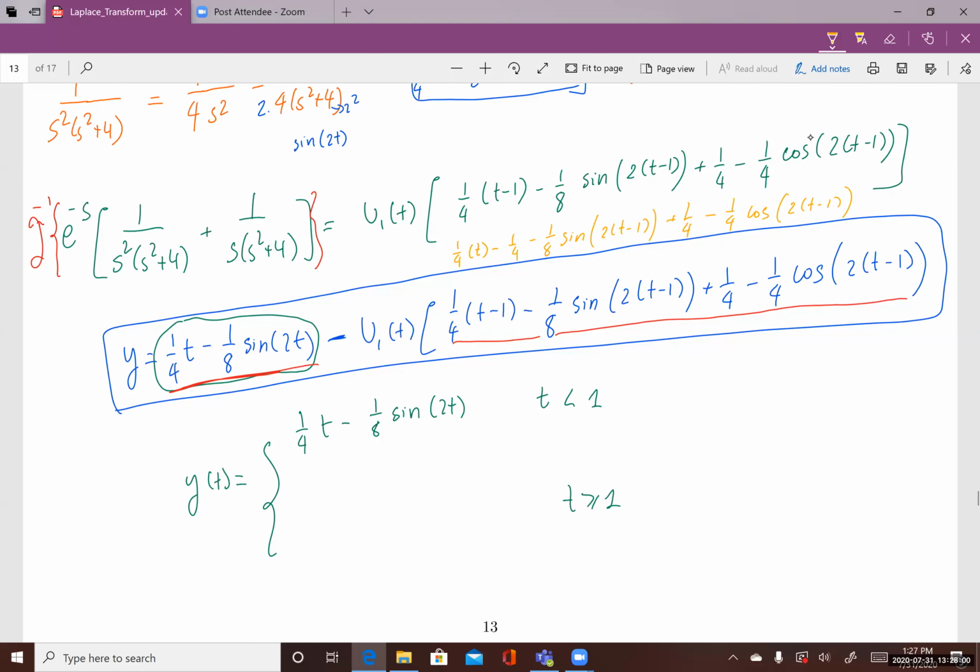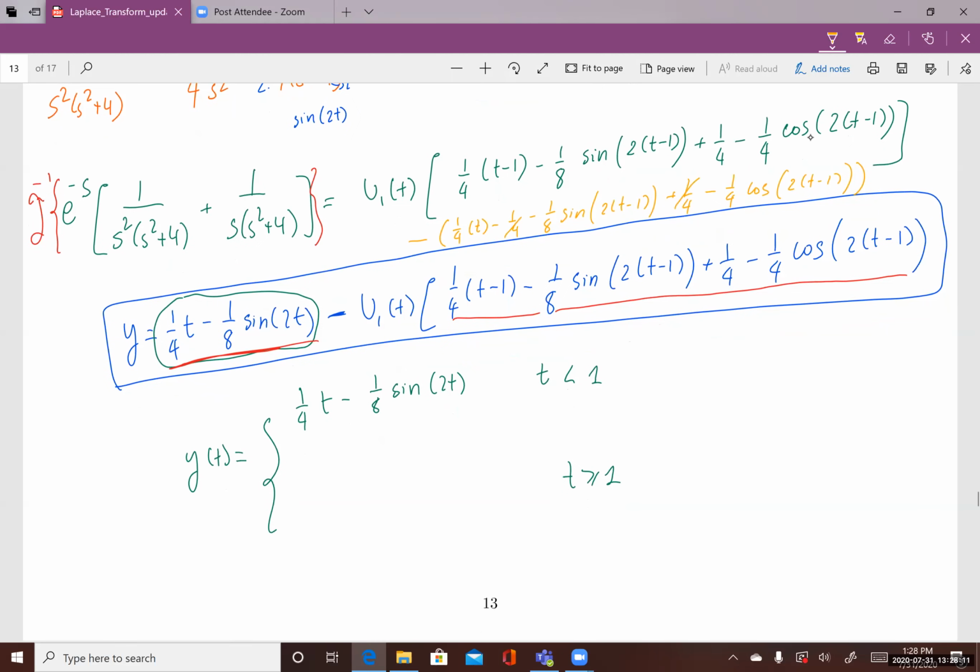Well then 1/4 and 1/4 is gone. Remember you have a negative, so you bring a negative here. If I add these two together, you will see that 1/4 t minus 1/4 t is 0.